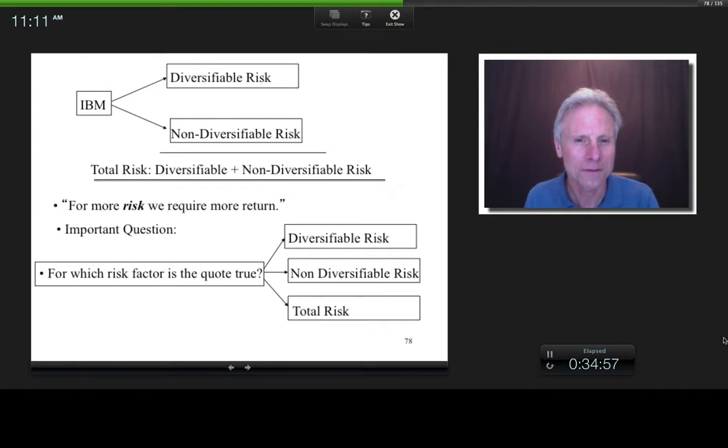Well, let me ask you this. Can you get rid of this guy for free? Is everybody free to have a portfolio instead of putting all their eggs in one basket? They are, right? There's no law that says you have to put all your stuff in one basket. And we made the assumption earlier that investors cared about risk and return.